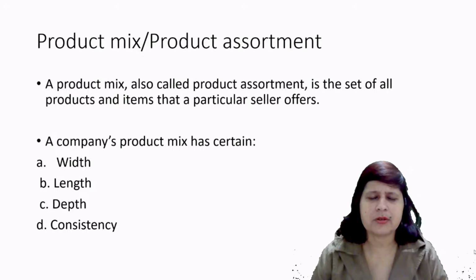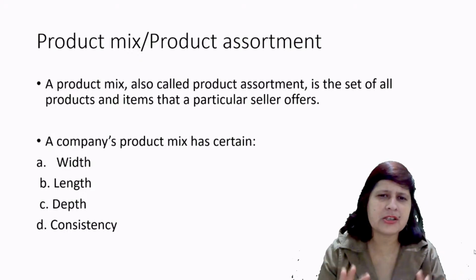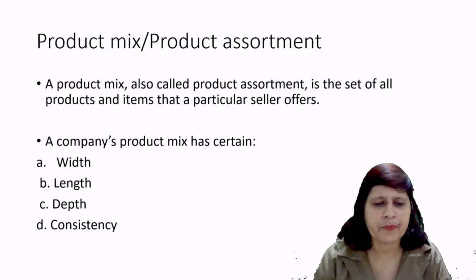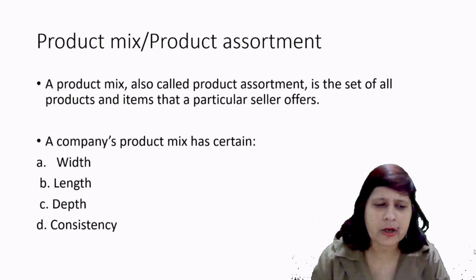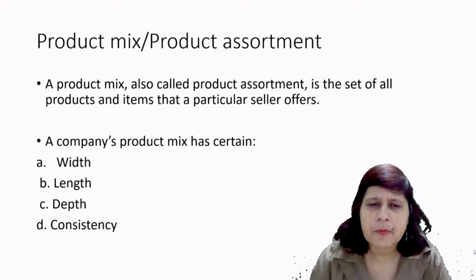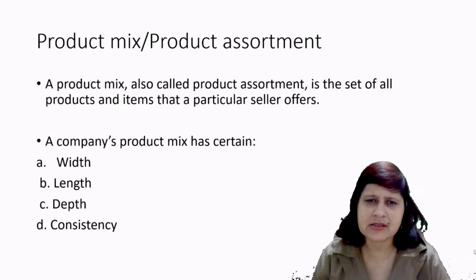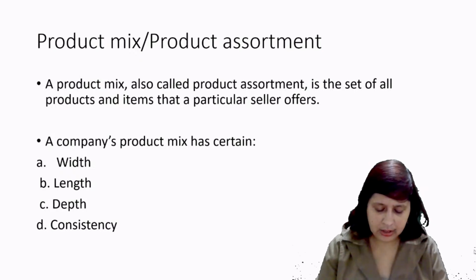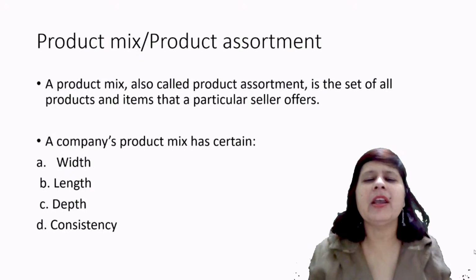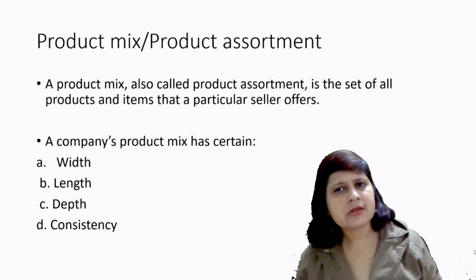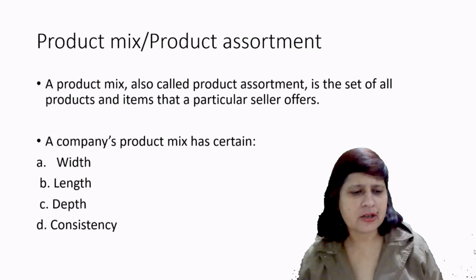All the products and items that a seller offers, right? So this is product mix. A company's product mix has certain width, length, depth and consistency, right? Suppose you are offering n number of products to a consumer, right? So this is known as the product mix or product assortment.